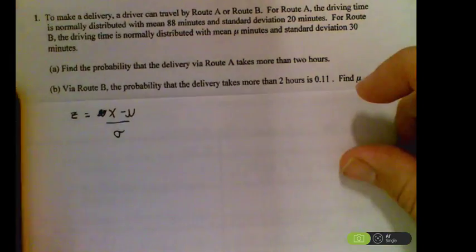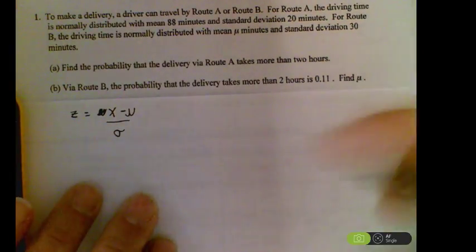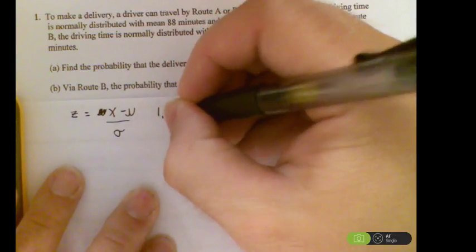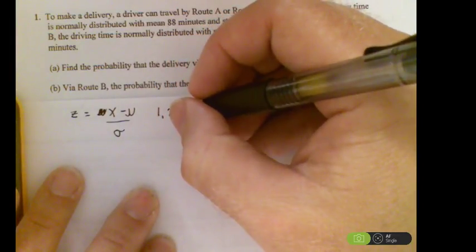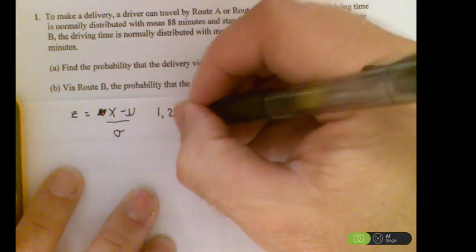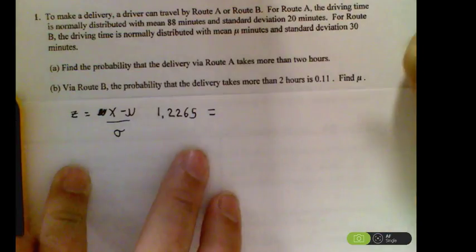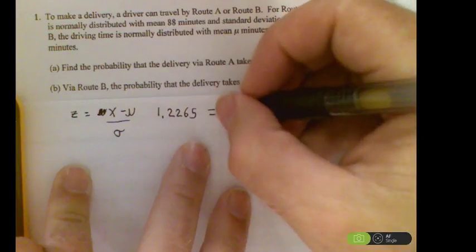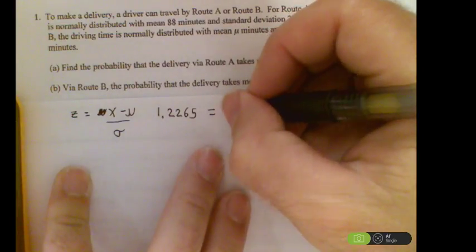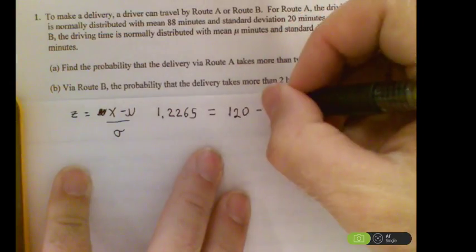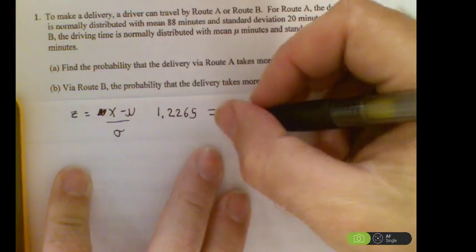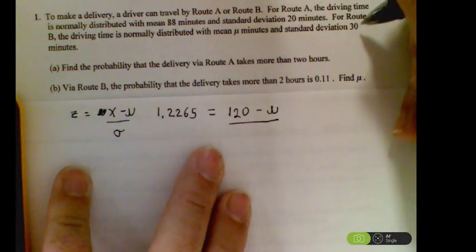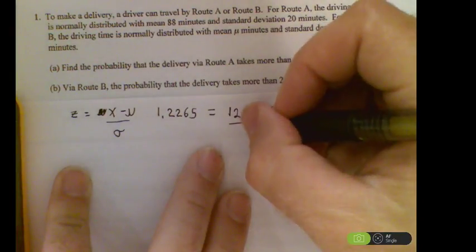If we now plug in the numbers we're working with for this problem, we got our z-score of 1.2265, let me go a little deeper on those decimals. That would probably be enough. So there's our z-score. We're dealing with an x-axis value of 2 hours, so 120 minutes, and we're trying to solve for that mean. We know our standard deviation was 30 minutes for this one.